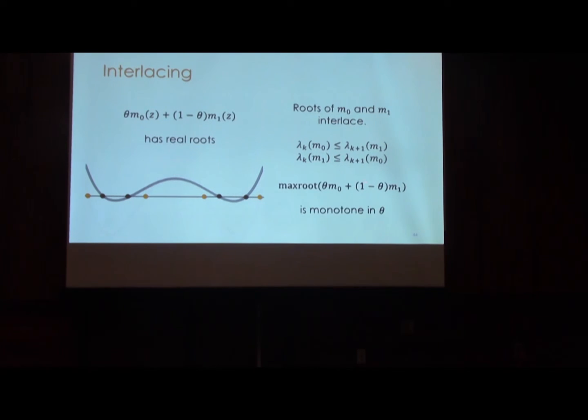What's more is that if you look at the function that maps theta to the max root of this mixed polynomial, this function would be monotonic. So in particular, for the theta for which you get your actual mixed polynomial m, the max root is going to be sandwiched between the max root of m0 and m1.